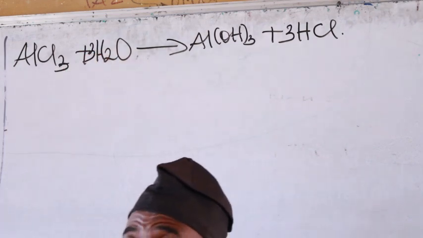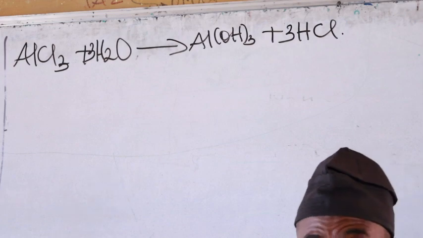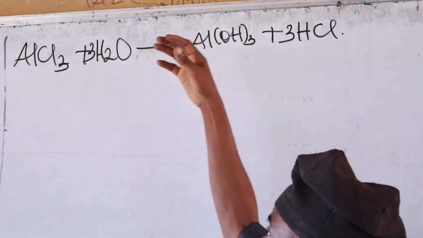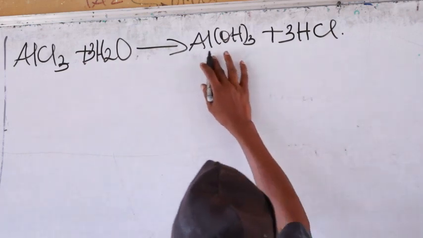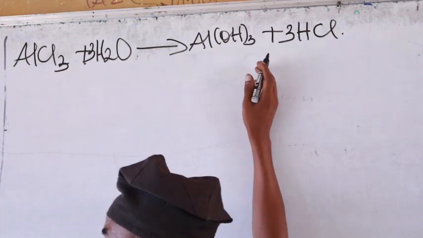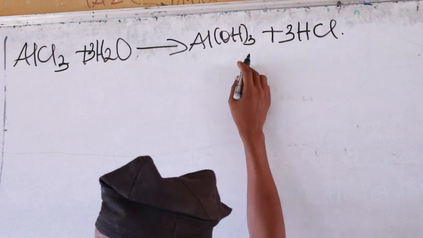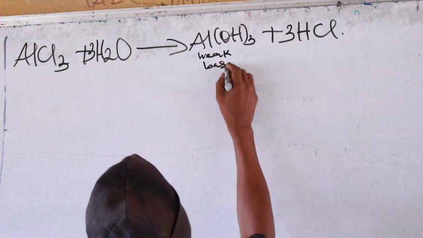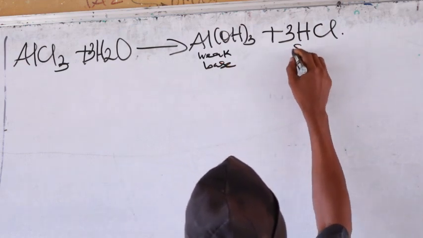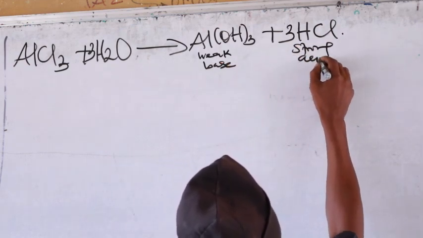Now let us look at the resulting strength of the acid and base when aluminum chloride reacts with water. This is a base, weak or strong? Weak base. And this is a strong acid.